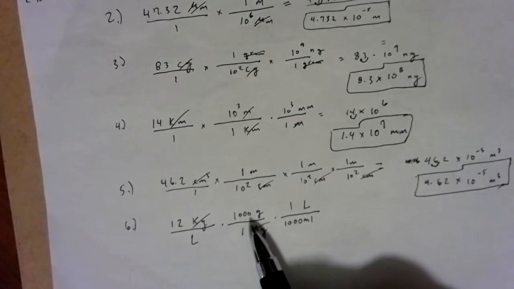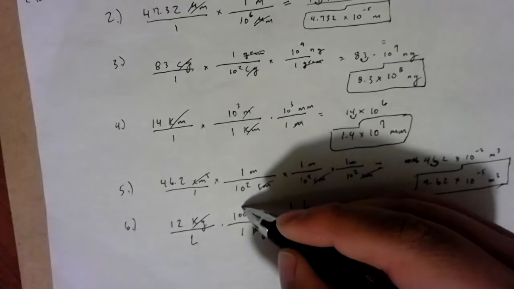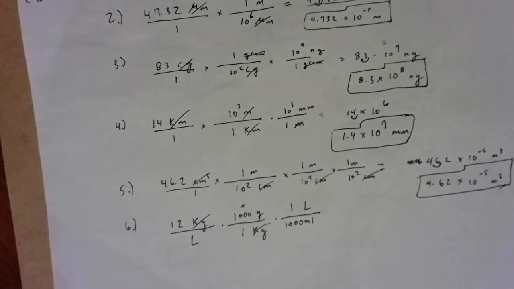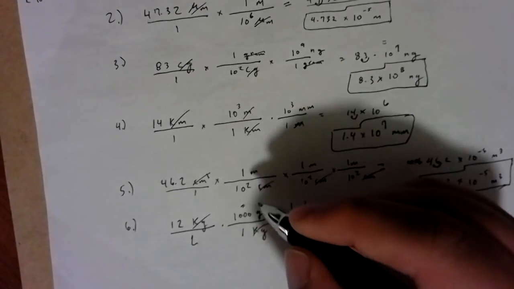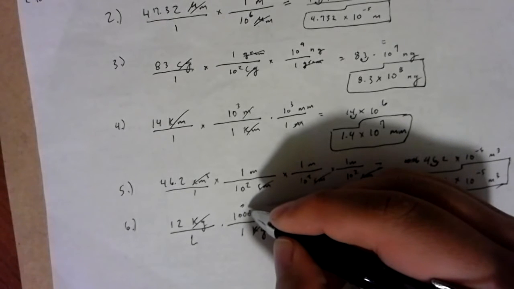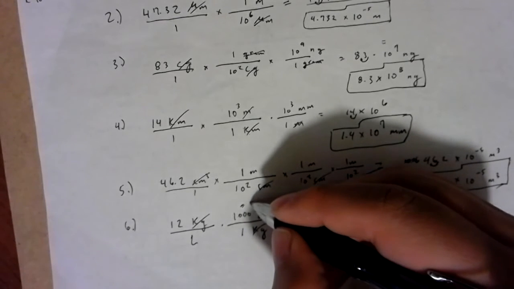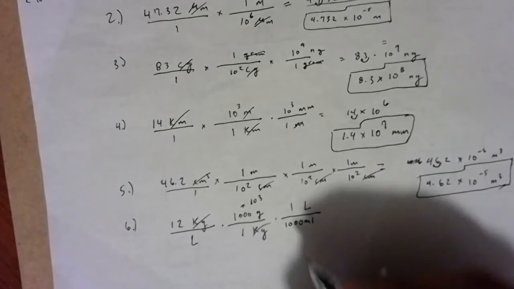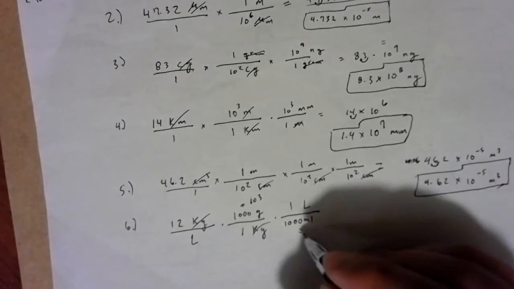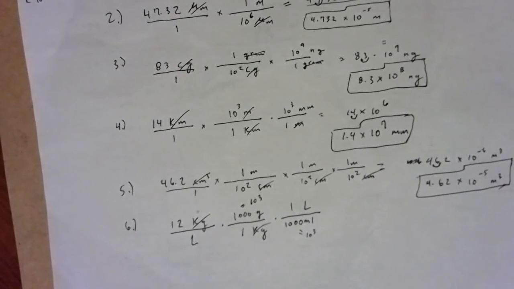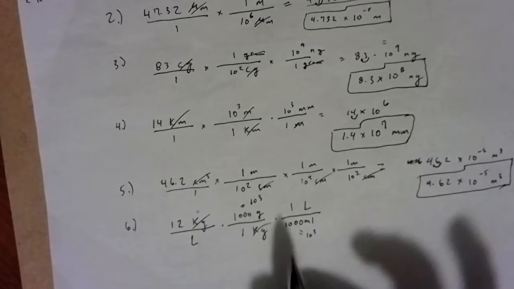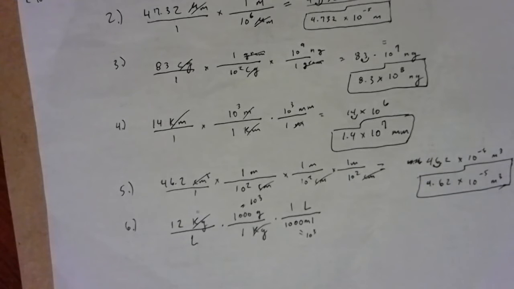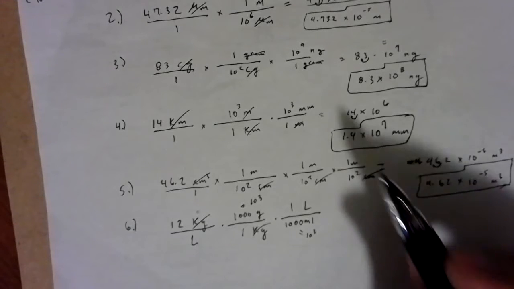And I'm being a little sloppy here. I should be writing this using our exponents so that things simplify nicely. So again, 1,000 would be 10 times 10 times 10, so 10 cubed. And then likewise at the bottom here, this is 10 times 10 times 10, so that's 10 cubed. You don't have to write that, because these are going to cancel out anyway, but if you want to, you can go ahead and use our exponent just to be consistent.